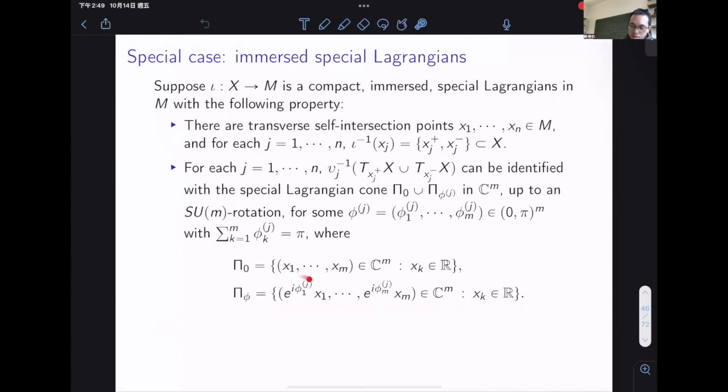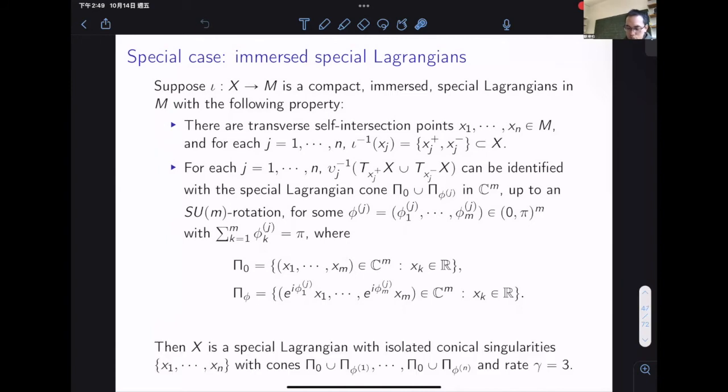We rotate each coordinate by e^{iφ_1} to e^{iφ_m}, such that the summation of the φ's is equal to π. This is an additional assumption to allow us to do the desingularisation. Then this X can be regarded as a special Lagrangian with isolated conical singularities, with cones the union of planes, and rate equal to 3.